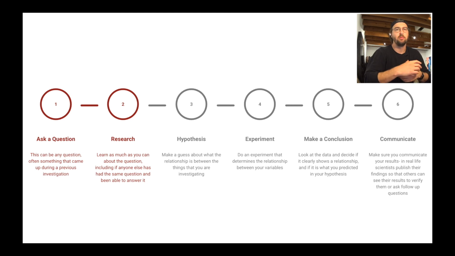Communication can mean posting online, making a video. If you're a real scientist, you'd be publishing your information in a journal or whatever. All right, so this is a scientific method, and it has generally these steps to it. But remember, the core idea of the scientific method is just the way that you go from question to answer.